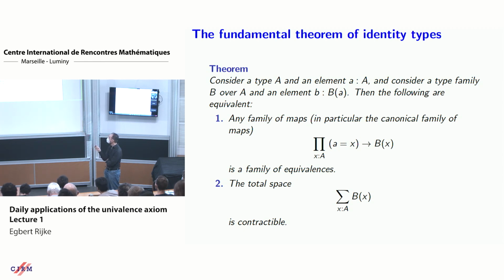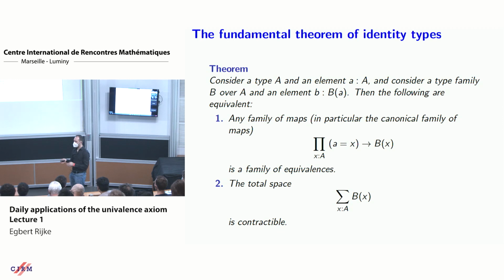You start with a type A and it has an element a. And then we want to say the identity type of identifications from a to x. We kind of want to make an educated guess. It should be equivalent to B of x.